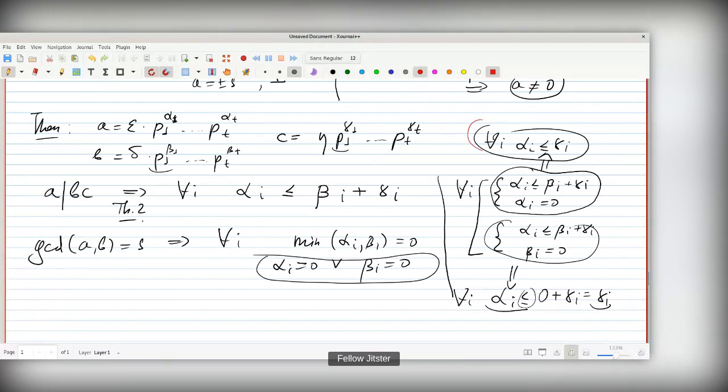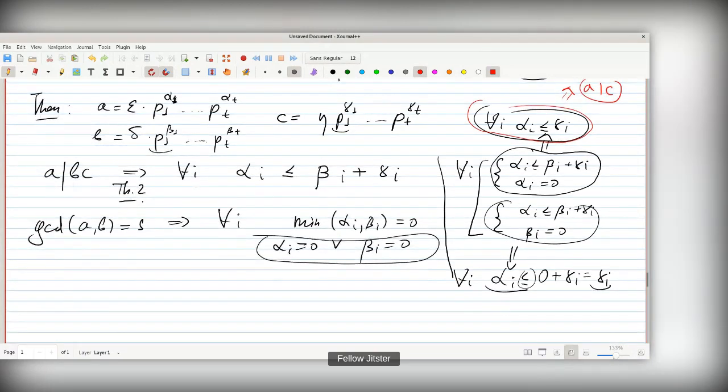In both these cases, we can obtain that A divides C. So for distinct I's, either one case takes place or the other one.